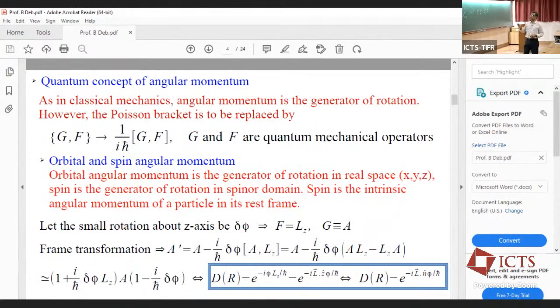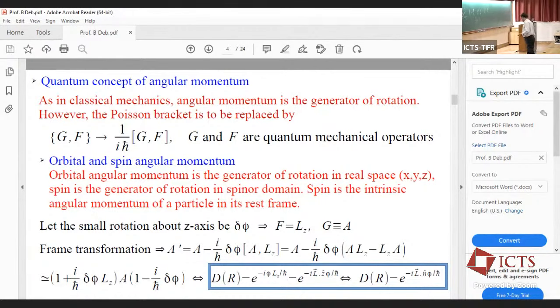Now the quantum concept of angular momentum. It is again the generator of rotation. In the case of spin, it will be rotation in the spinor domain. In quantum mechanics, you make a transition from classical: this, which was earlier the Poisson bracket, will be replaced by the commutator of G and F, but to match the dimensions, there will be 1 by i h-bar.